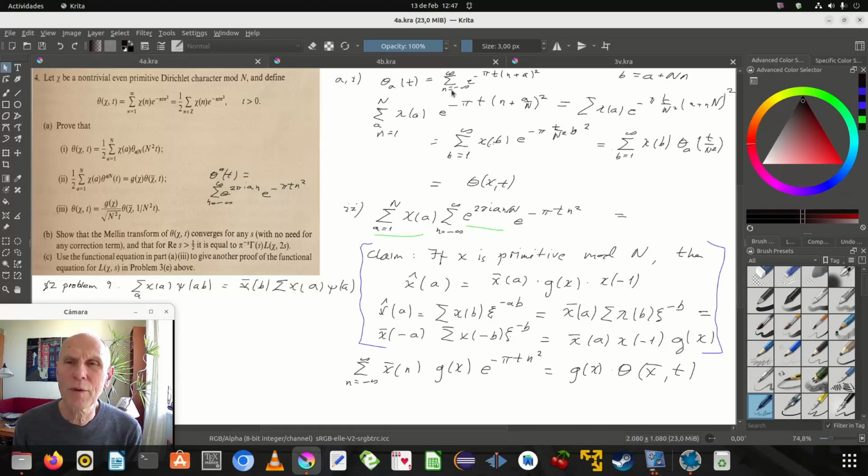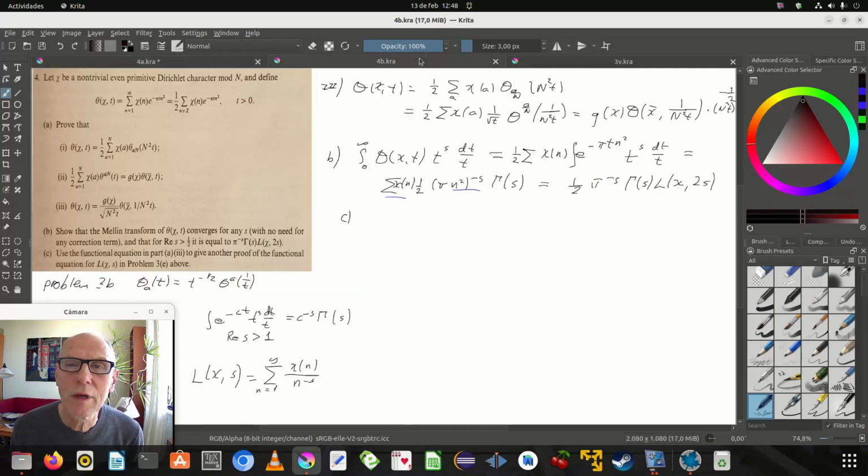Here we sum for all n, and then suddenly I change it to only sum for the positive n's. So that means we must have a factor 2 here, which will live all the way until here. So that was that one. Yeah. And oopsie.